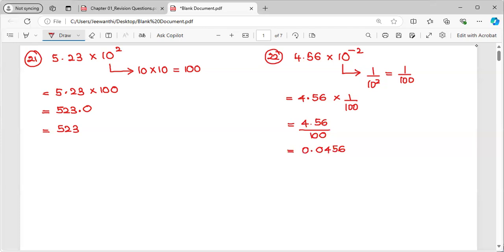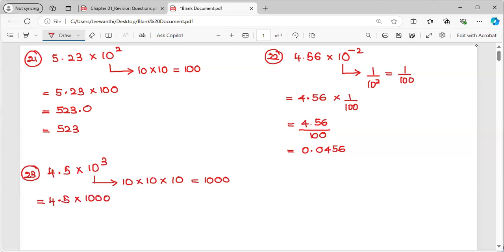Earlier it was in between 4 and 5, and see whether it has changed by 2 steps. Then question number 23, you have 4.5 times 10 to the power 3. Here I want to discuss a concept separately. That is why I took this sum. Earlier in the video I explained it, but by any chance if it didn't go to your mind, you can understand here. 4.5 multiplied by 1000, and we want 3 steps movement.